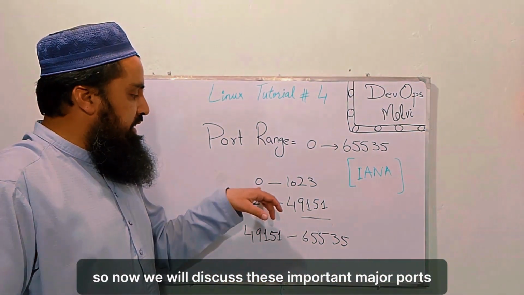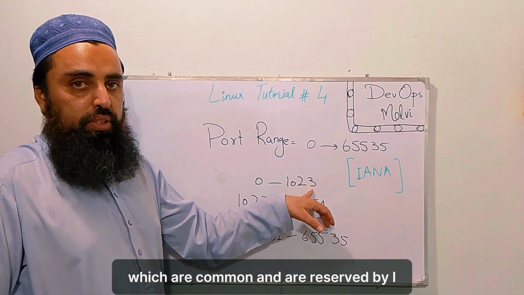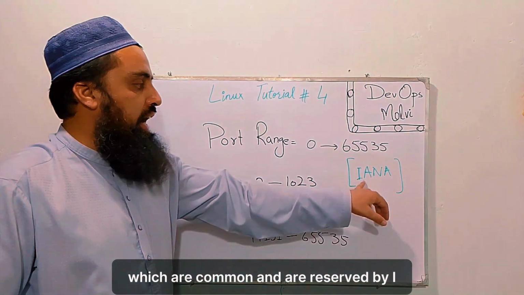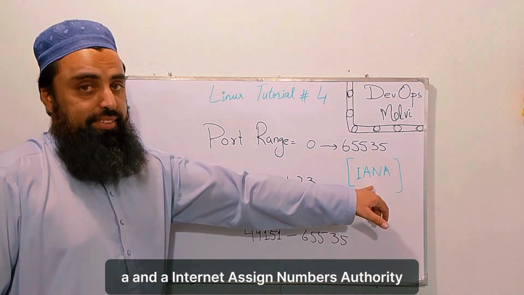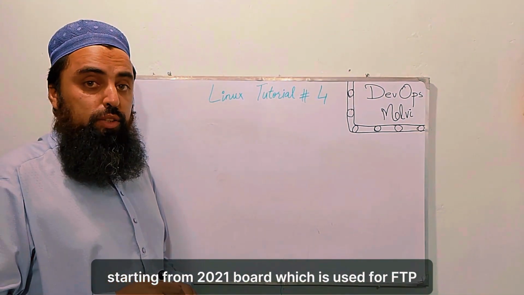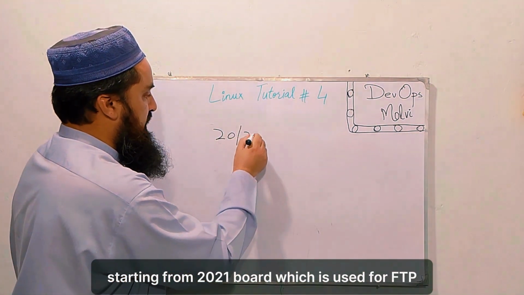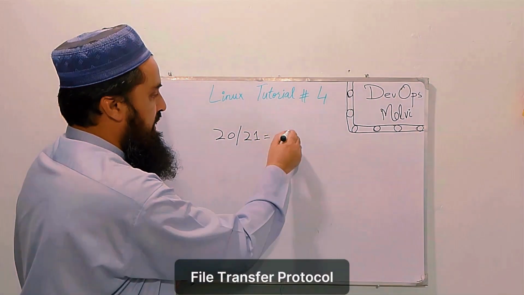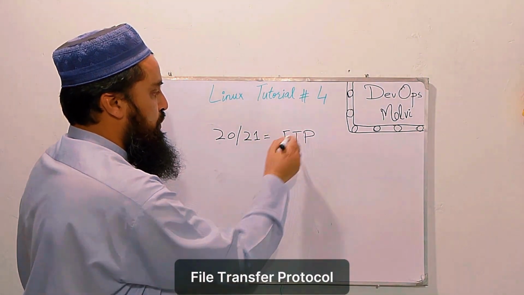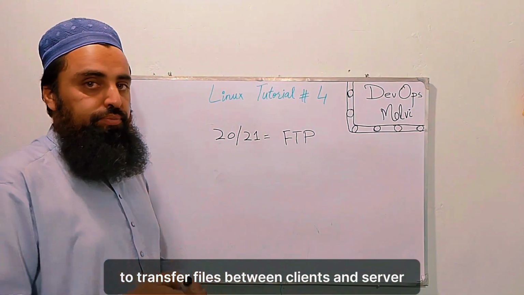Now we will discuss these important major ports which are common and are reserved by IANA. Starting from port 21, which is used for FTP, File Transfer Protocol, to transfer files between clients and server.